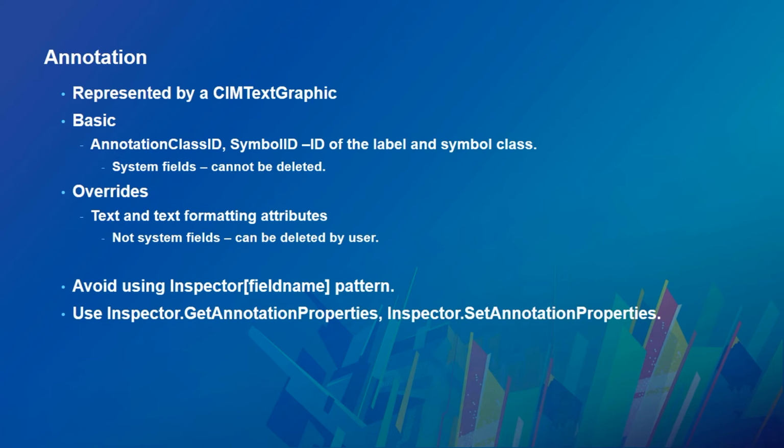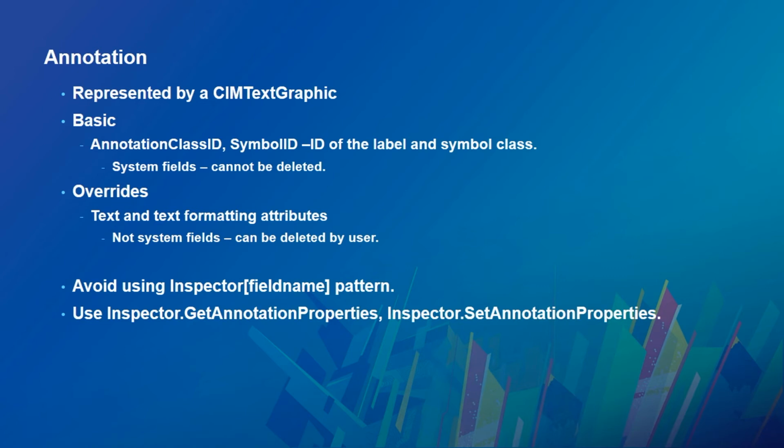So that is your basic SymText graphic or SymText symbol for symbolizing your annotation. You can then do additional overrides on that SymText symbol: change the font color for a particular feature, change the font size, the font name, the horizontal alignment. You could add a caller or a leader line or a call out for one particular feature within your feature class. And this is done by modifying some specific text formatting attributes.